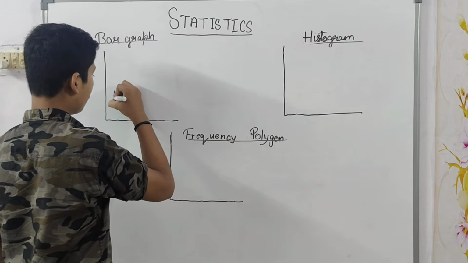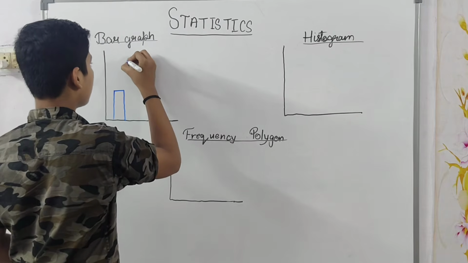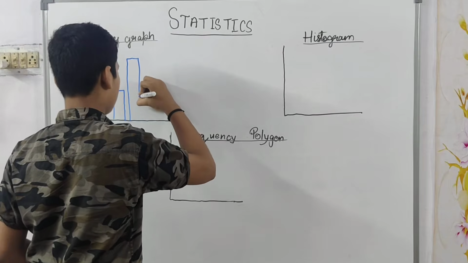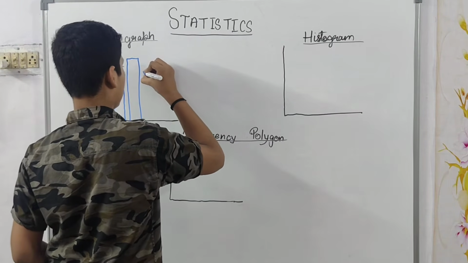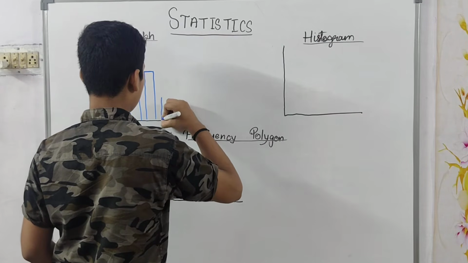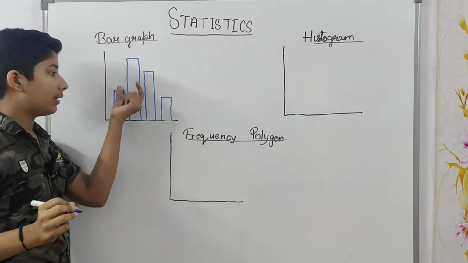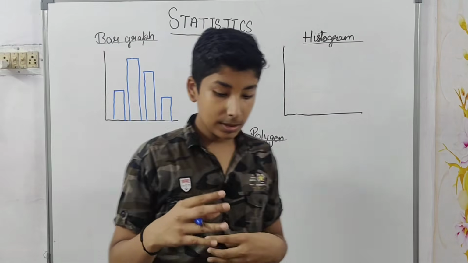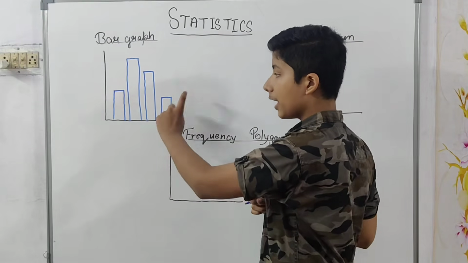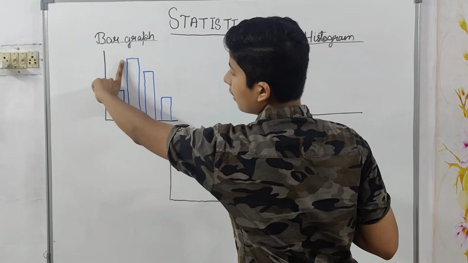Let's see. This is a bar. Here a longer one. Here a bit shorter than this one. And here the smallest. Now if you see this, without knowing the data, you don't know what data it is based on, but you can easily tell this has the least amount and this has the most amount.